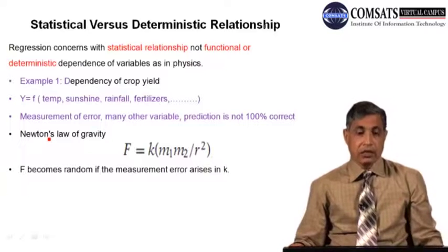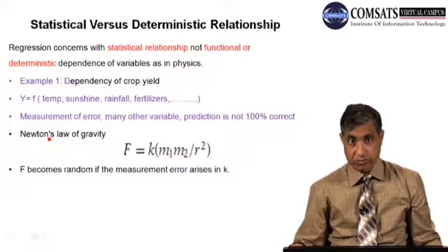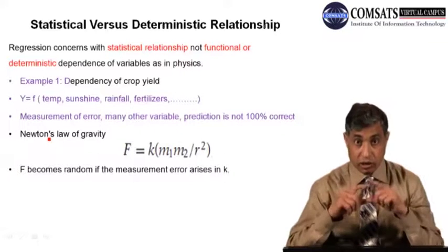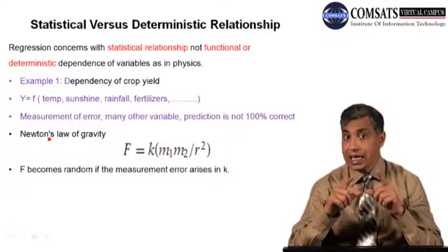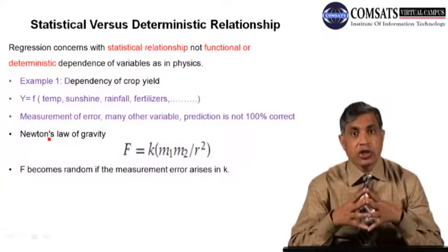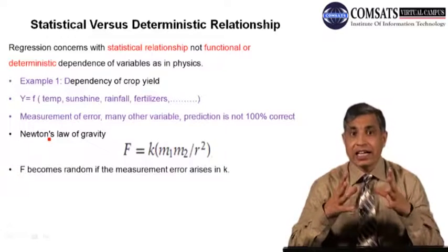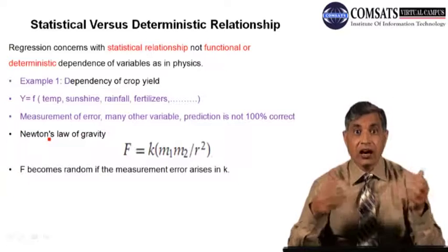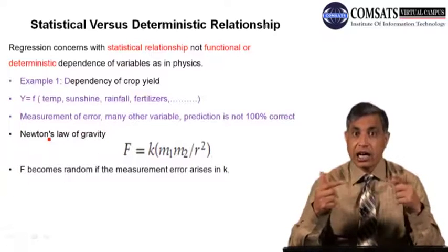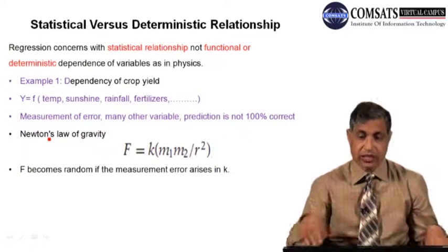So what is this? Regression is concerned with the statistical relationship, not the deterministic relationship. You should remember this: in regression we are concerned with the statistical. In a statistical relationship there is a margin of error, or you can say there is a risk of some kind, and there is not 100% accuracy.